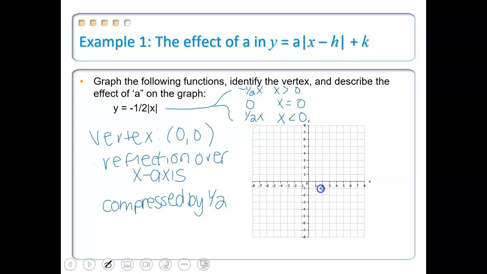So we're going down one, right one this way, and down one, up one that way. Because it is both compressed and reflected, compression made it wider, the reflection flipped them from positive y's to negative y's.